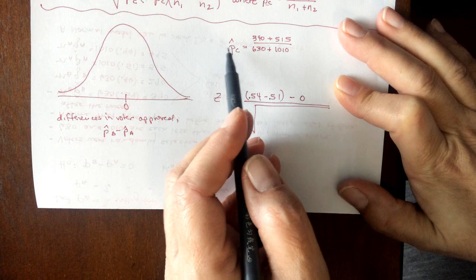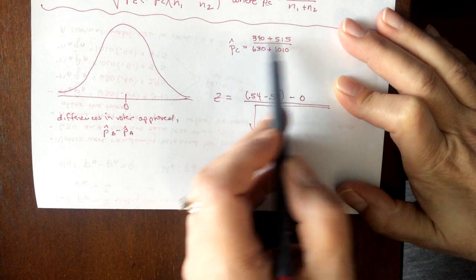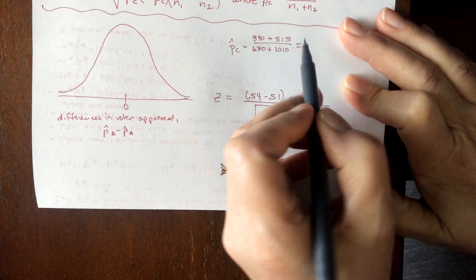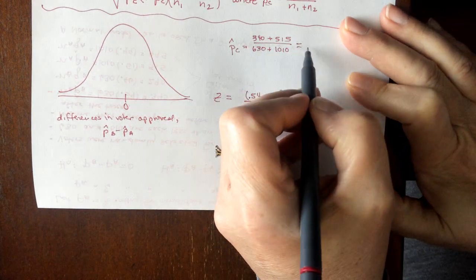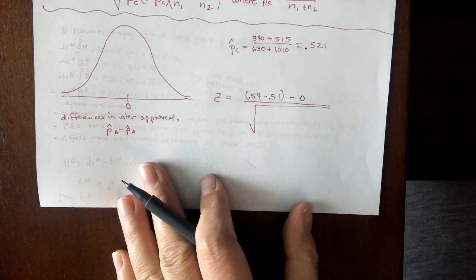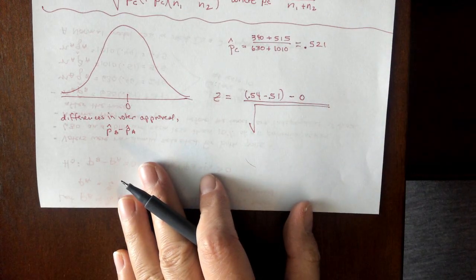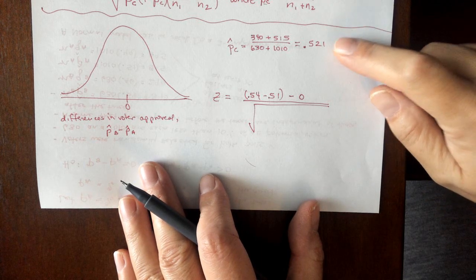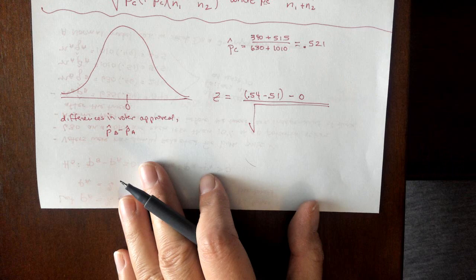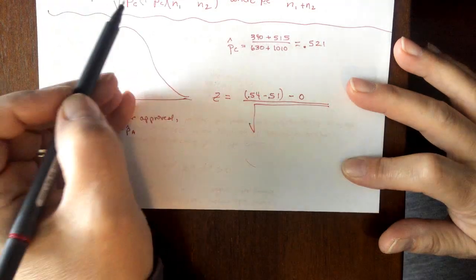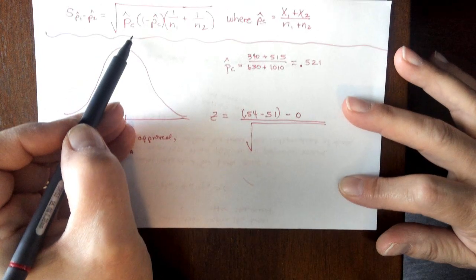And when we add that up and then divide, or just stick this whole thing in our calculator, it's going to give us approximately 0.521. I have a calculator handy, but I'm not going to waste your time watching me type numbers in. You can do that all by yourself. So this is your p hat combined or p hat pooled. That's the number we're going to put here. Pull that down.